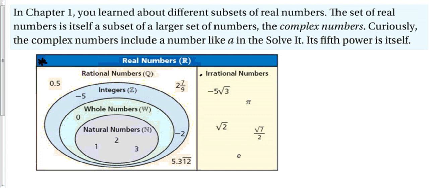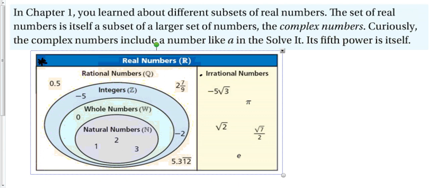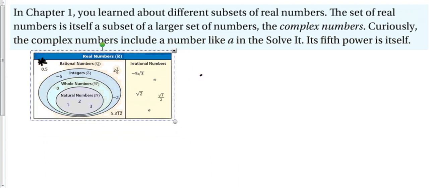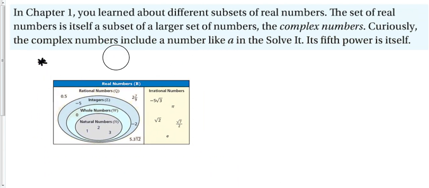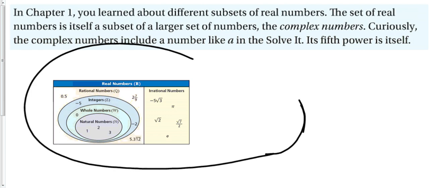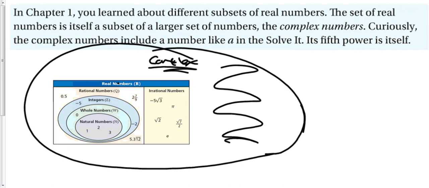Now, what we're going to say today is that this set of real numbers is part of a much larger set of numbers called the complex numbers. And this is only a small section of the complex numbers. And the numbers that we're going to talk about today exist in the rest of this section.